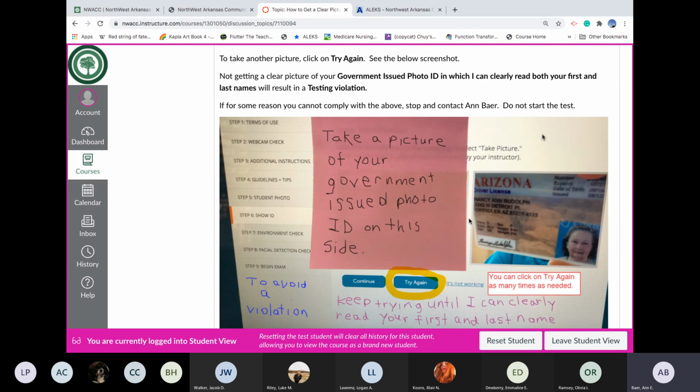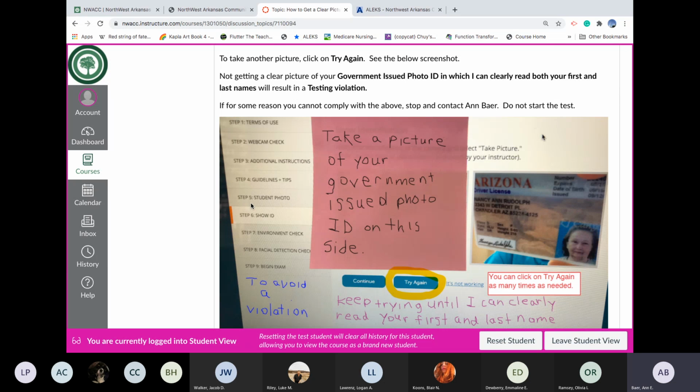There's a screen on this side that looks like this screen did before the ID was presented. There's a screen on this side and a screen on this side. So you take your picture of your government-issued photo ID on this side, and then you can check it to see if you can read it on this side.